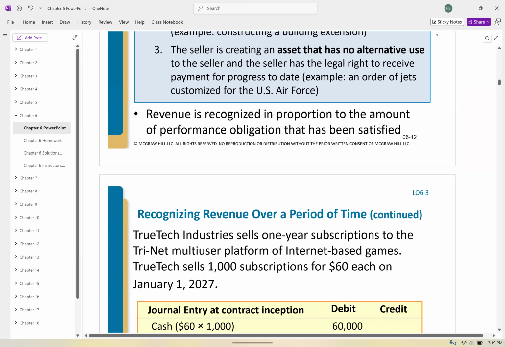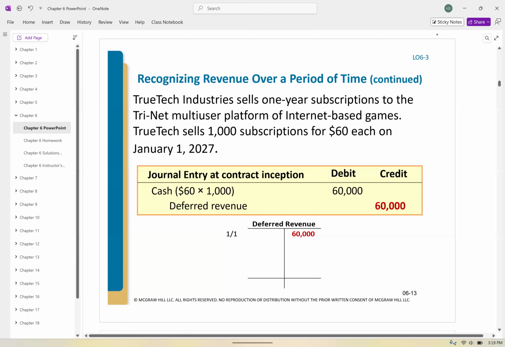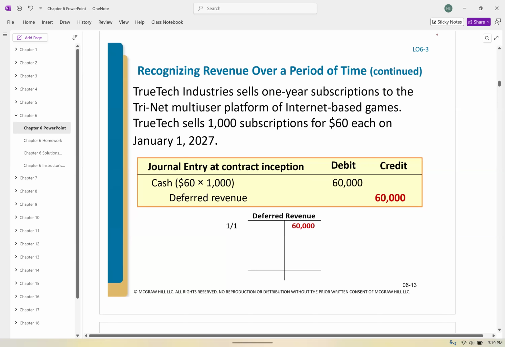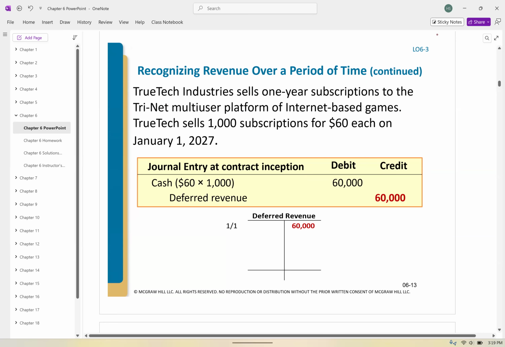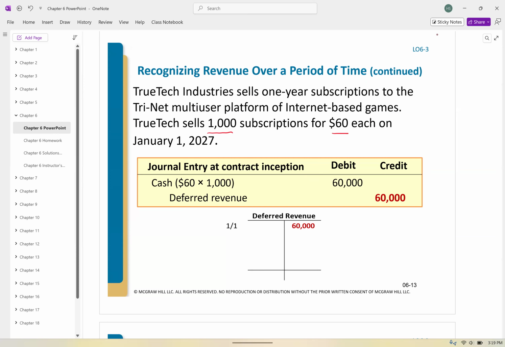Okay. So here we're still following along with our TruTech. TruTech sells 1-year subscriptions to the TriNet multi-platform of internet-based games. They sell 1,000 subscriptions for $60 each on January 1st, 2027. We are not going to record revenue on January 1st.